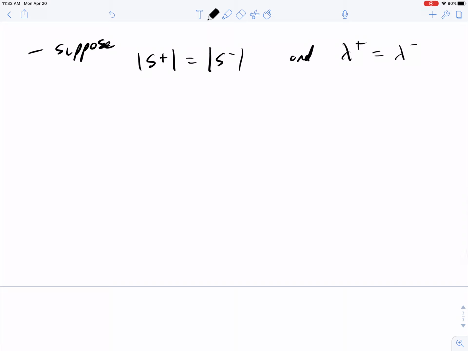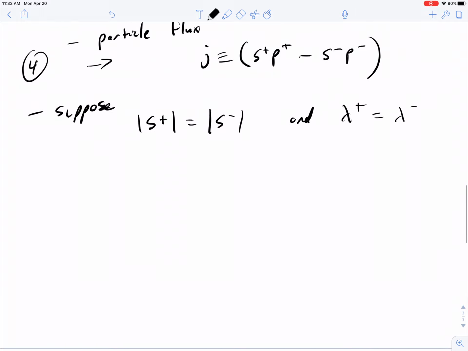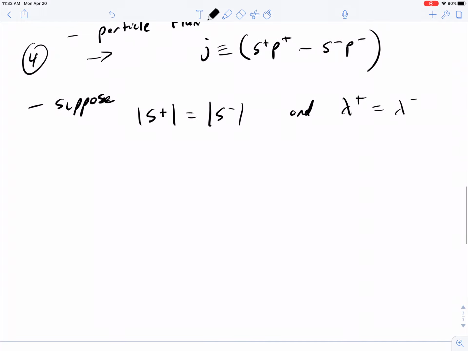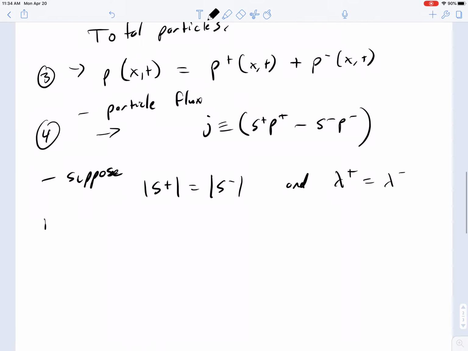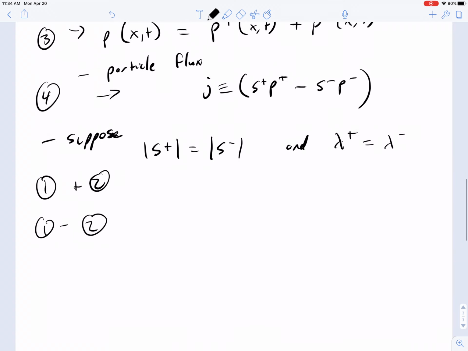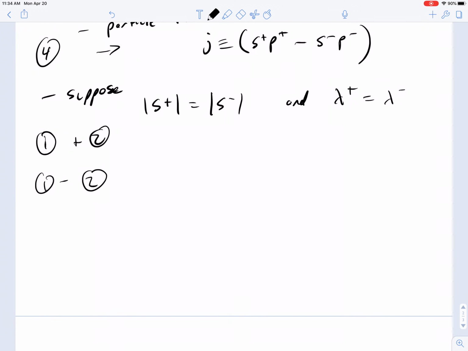So how can we use these equations to understand what's happening for getting a diffusion coefficient? Starting from these two, we can think about what happens if you add equations 1 plus 2, and what happens if you subtract equations 1 and 2. We get two different things. If we add equations 1 and 2 together, we can then use our definitions to get a simplified equation.